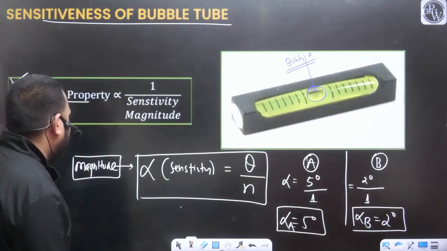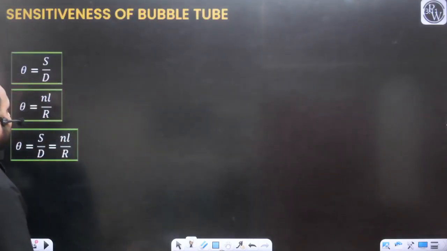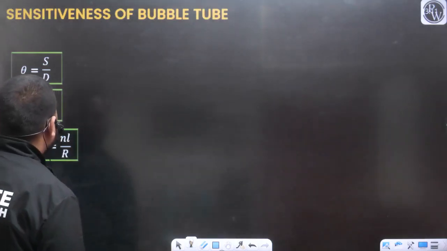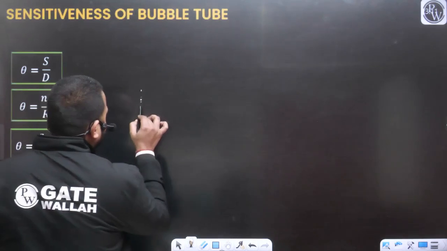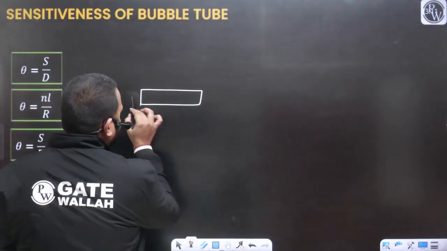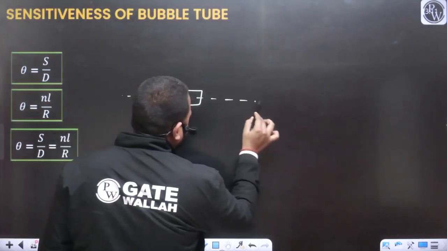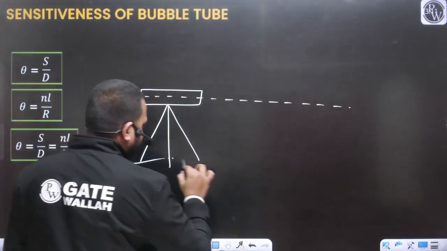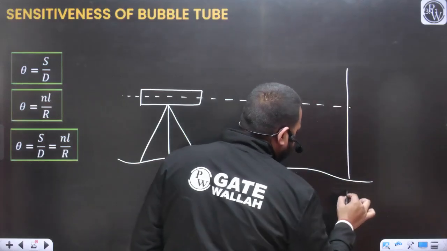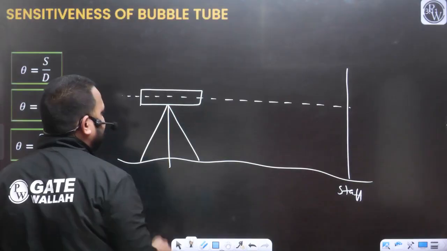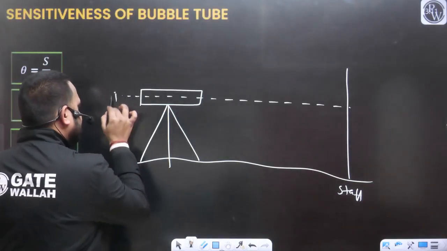Now I want to discuss some more things about the sensitivity. For example, this is your initial condition. Let's say this was the telescope, and when the telescope was perfectly horizontal, this is your staff and this was the telescope. At this position, the bubble was at the center.